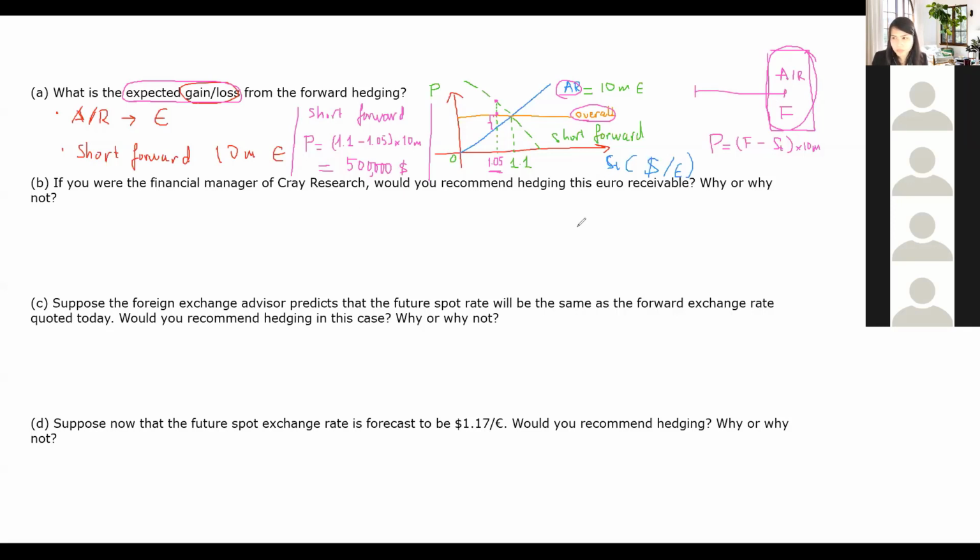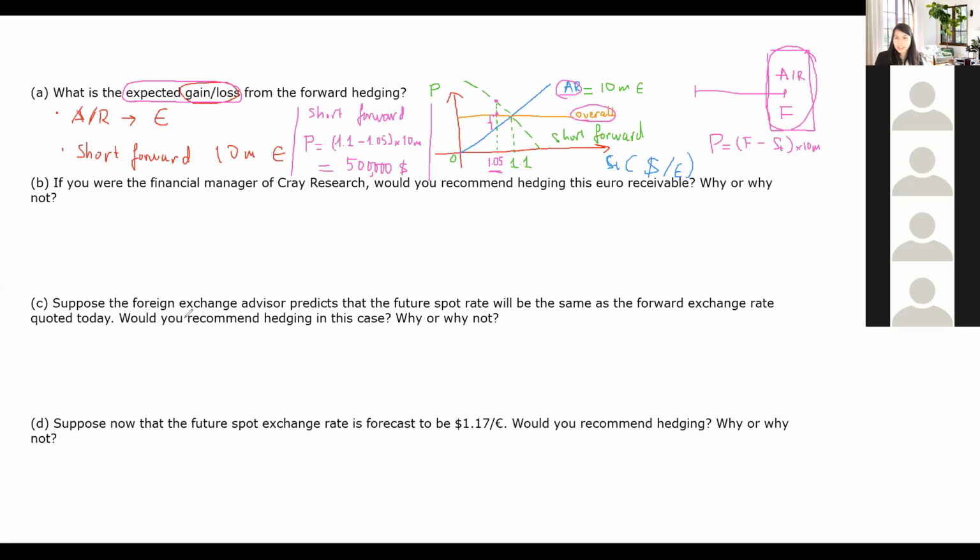All right, so question B. So now if you're the manager of the company, would you recommend them to hedge or not? So give me 2 reasons why hedging is good in this case.